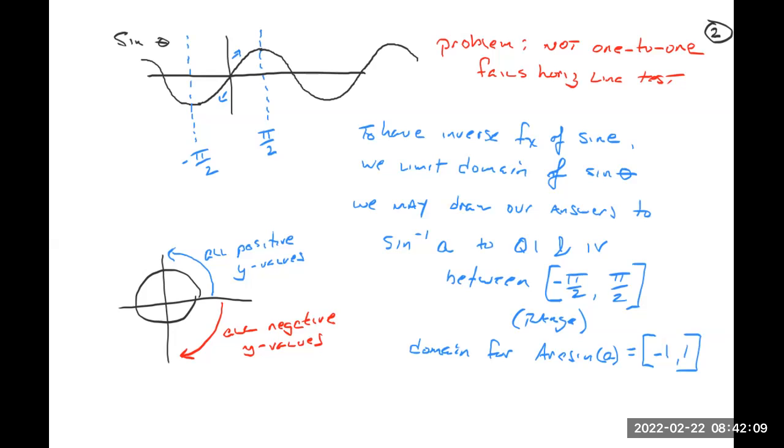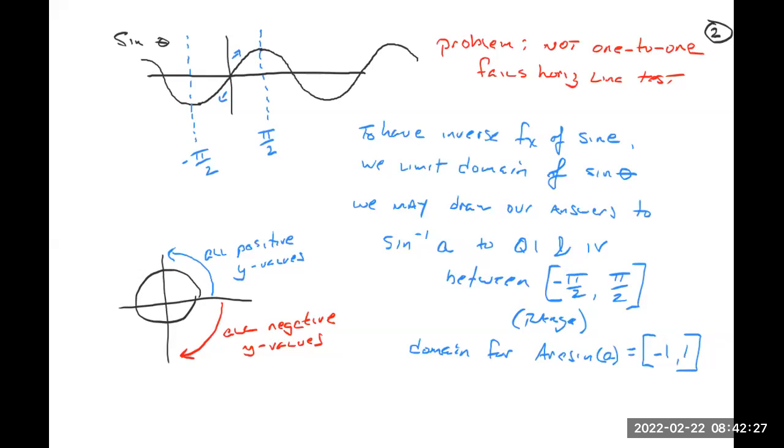All right, we don't use quadrants 2 nor 3 because those would be repeating either the positive or the negative values.